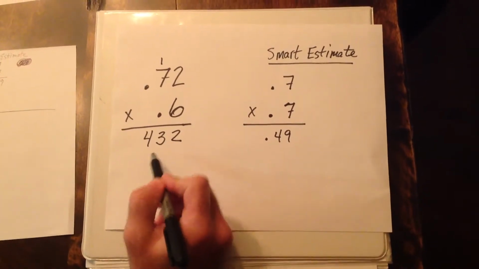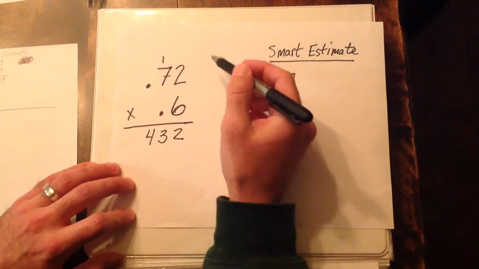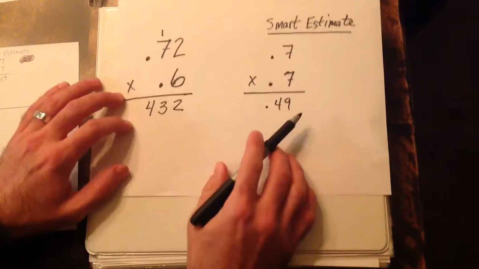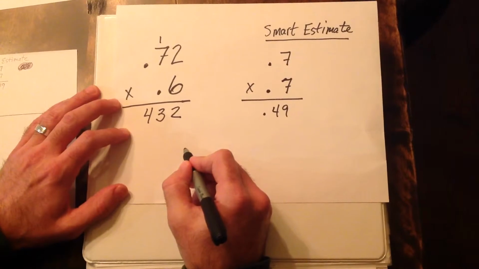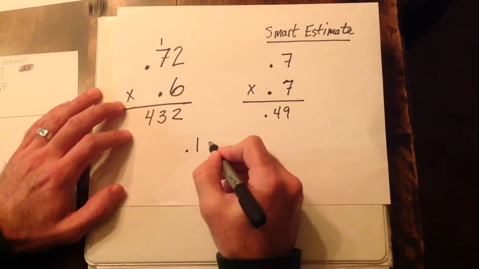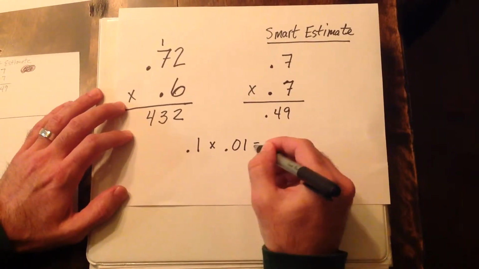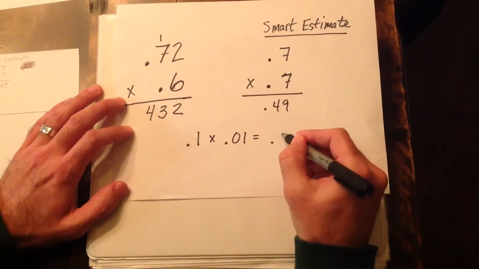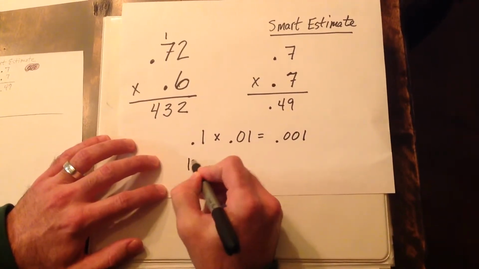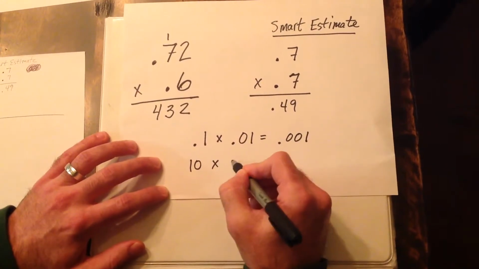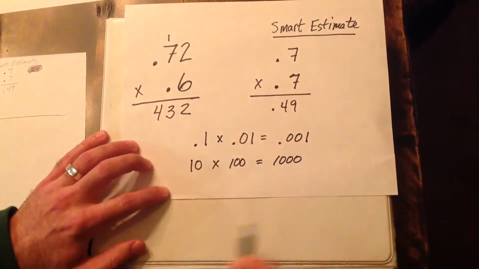Now, the hard part is to know where do I put my decimal in my product, because I do have to put one in there somewhere. I can't just leave it out. Well, what we do know is that when we did our place value multiplying, and we multiplied a tenth by a hundredth, we should have an answer that is in the thousandths. Just like when we multiplied a power of 10 times a power of 100, our answer would be 1,000.